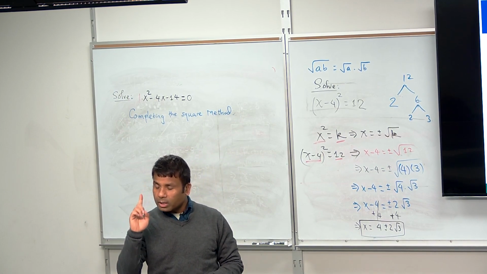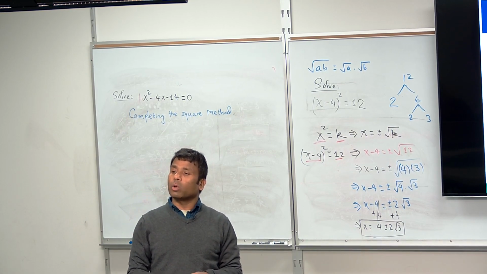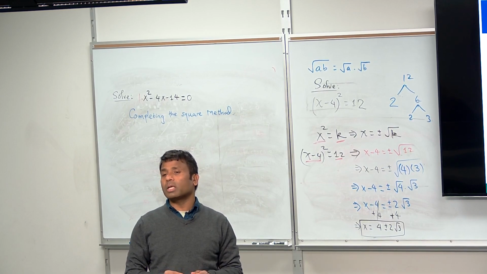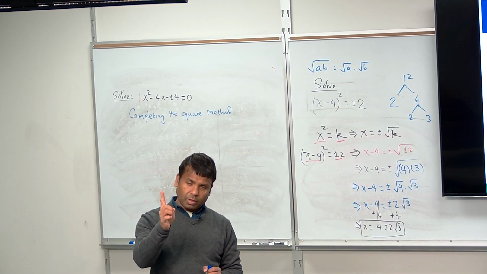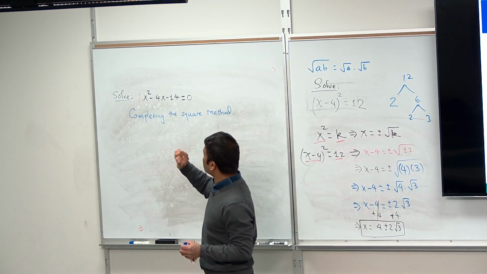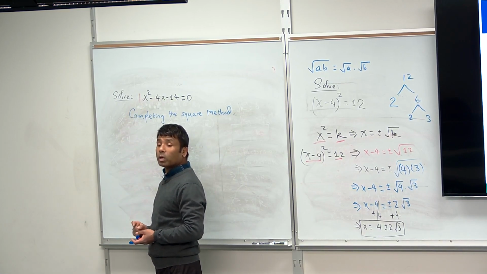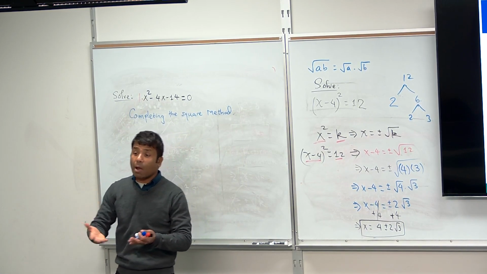If the coefficient of x square is other than 1, you have to make it 1. But in this case, what is the coefficient of x square? 1. So we already have it as 1, so we don't have to make it 1.